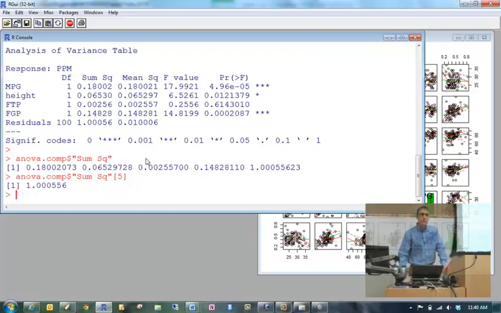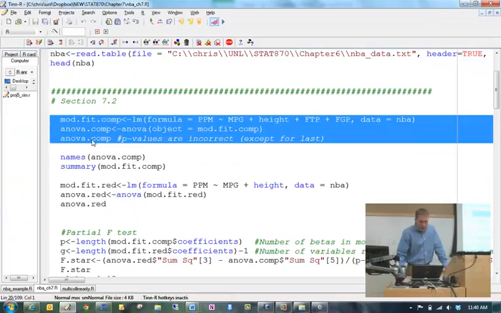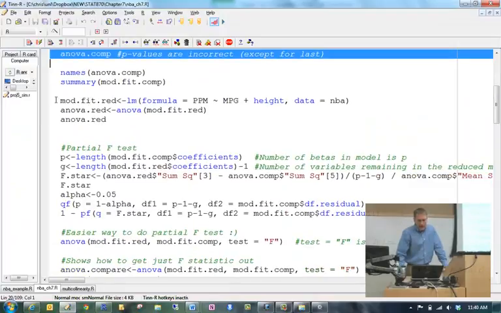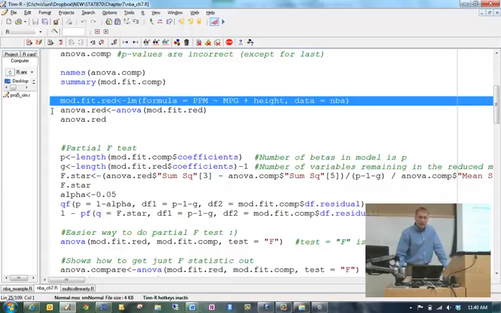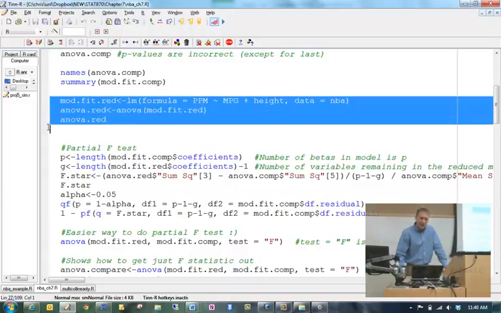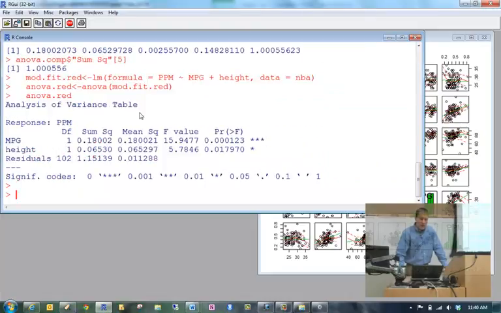Are the sums of squares that it gives in the anova here, are they given the previous ones, basically fit in order? Yeah, they are. I'm going to address that shortly, but basically what I showed on page 7.3. Also what I'm going to do is estimate the reduced model within an object mod.fit.red, for reduced, and also pull out the corresponding sums of squares as well.